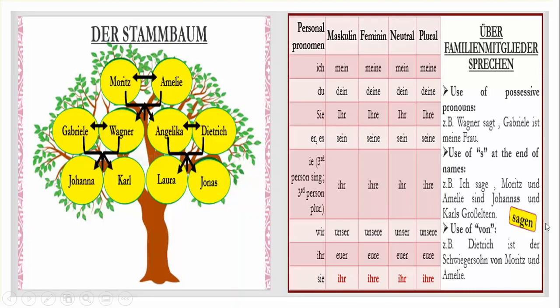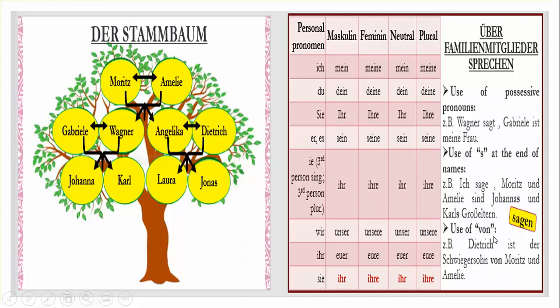Then lastly, we can also talk about a person's relations using a preposition in German, which is von. In this context it means of. So for example, Dietrich ist der Schwiegersohn von Moritz und Amelie.